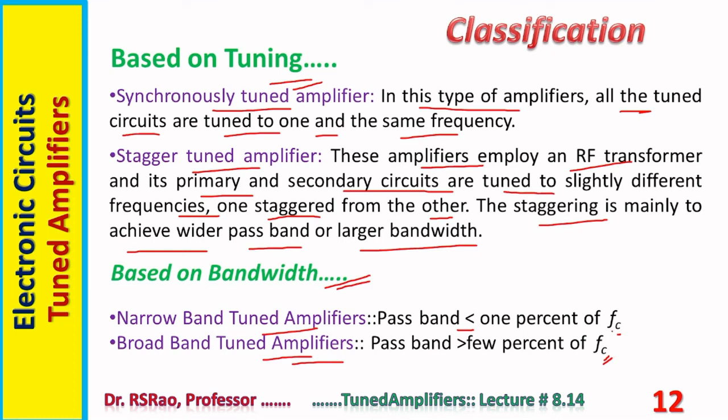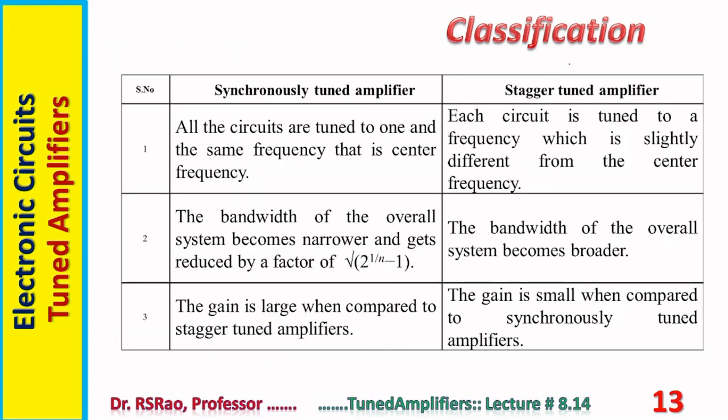Here is shown a table where synchronously tuned amplifiers are compared with stagger tuned amplifiers. All the circuits are tuned to one and the same frequency, the center frequency, in a synchronously tuned amplifier, whereas in a stagger tuned amplifier each circuit is tuned to a frequency slightly different from the center frequency.